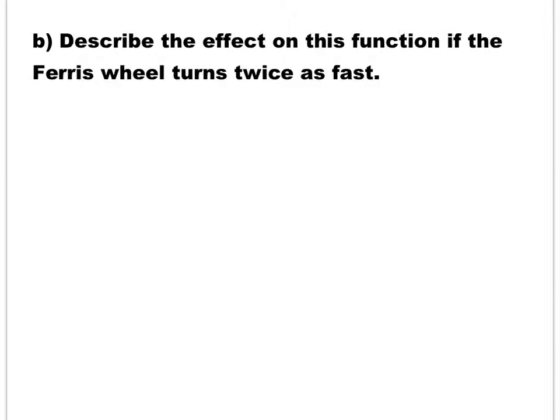The next part of the problem says, what will happen if the Ferris wheel turns twice as fast? Again, consider the normal speed of the Ferris wheel. We're going to have a graph like this one. Now, if the Ferris wheel turns twice as fast, then it means it reaches the maximum twice as fast as before.